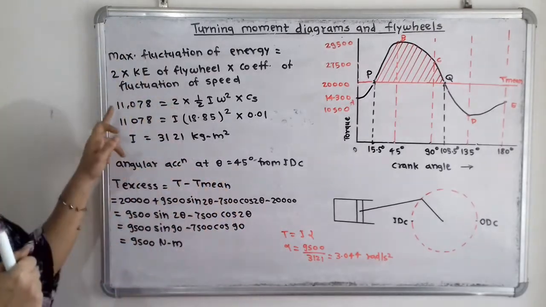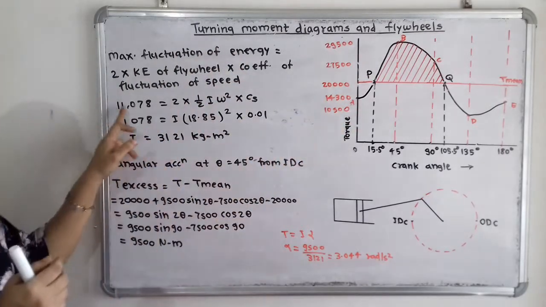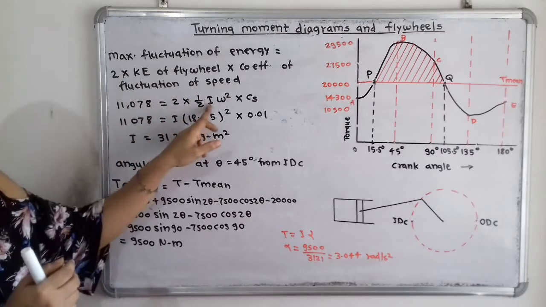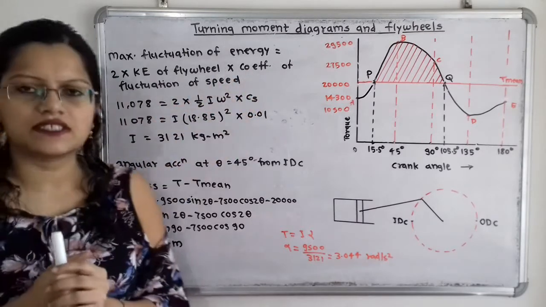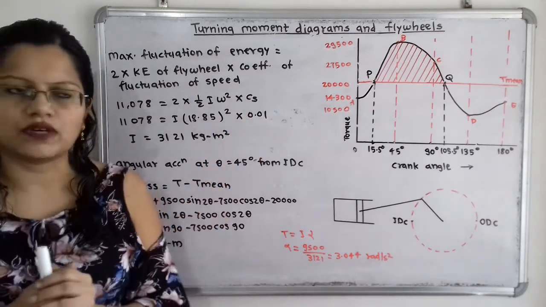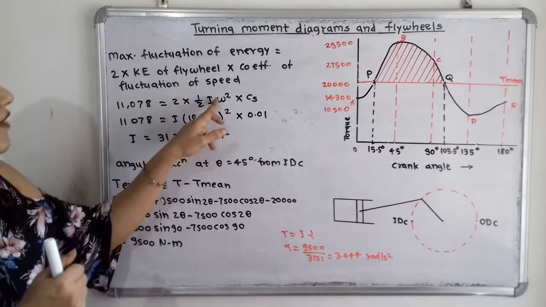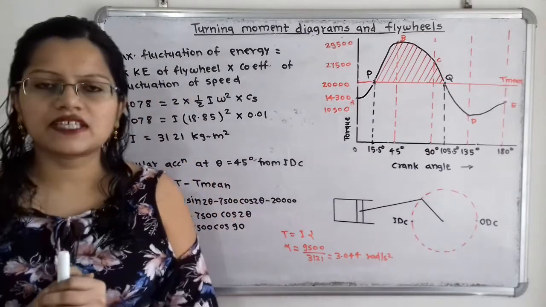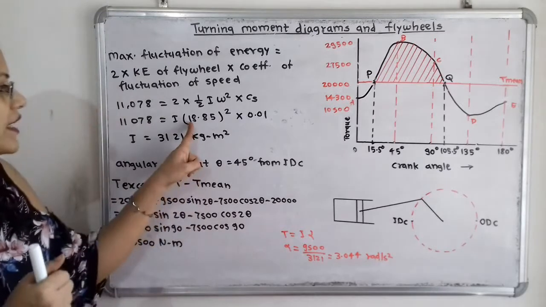So our formula is, maximum fluctuation of energy, we have calculated 11,078, which is equal to 2 into half I omega square multiplied by coefficient of fluctuation of speed, that is Cs. The value of Cs that we have calculated is 0.01. So this 2 and half are getting cancelled, and for the value of omega, the rotational speed is given, omega is equal to 2 pi n by 60, and that is equal to 18.85.